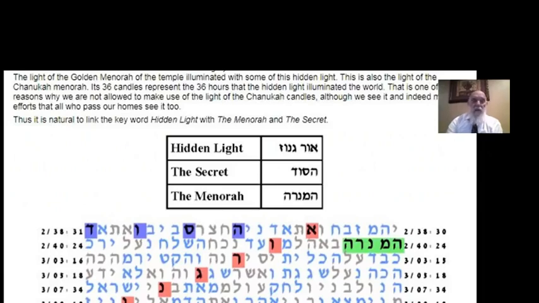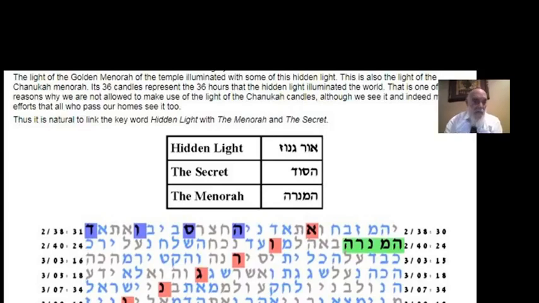Then here we have more. It means the same thing, but more clearly, the appearance of the hidden light with the secret, with the menorah. As we see the menorah, hidden light, which is the secrets, which is hidden, and the menorah in the Ohel Moed, in the tent of meeting, which is the tabernacle, statistically is 6.5 in 10,000.